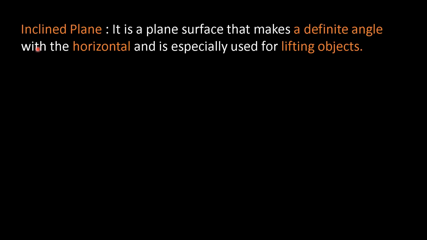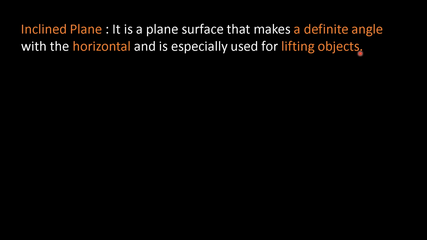Let us understand the inclined plane. It is a plane surface that makes a definite angle with the horizontal and is especially used for lifting machines. In our discussion, we will draw an inclined plane.